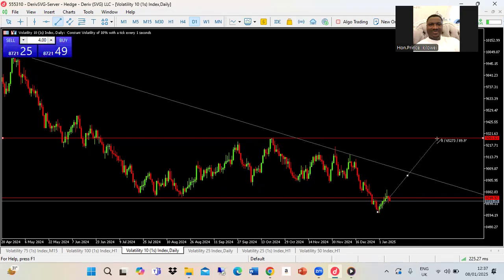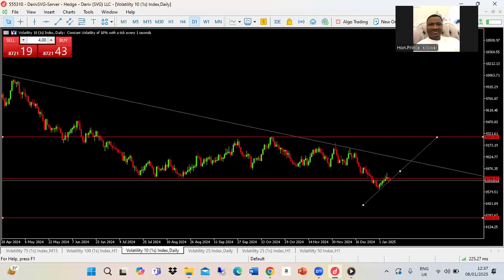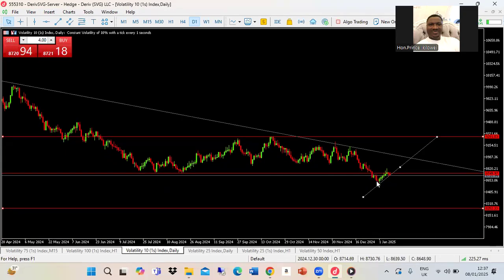Because of this push down and this up movement, we need to draw this trend line if this market is still going to continue to the upside.